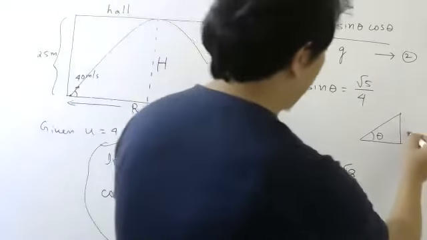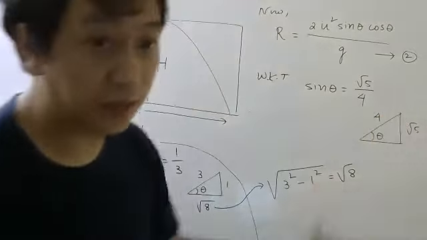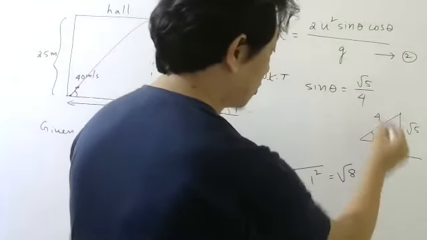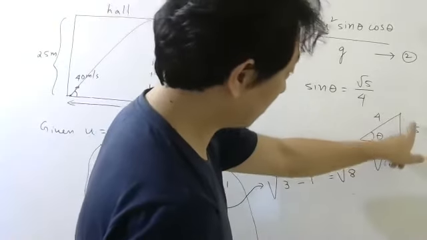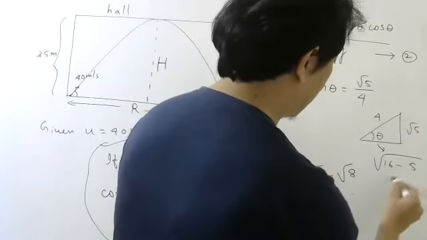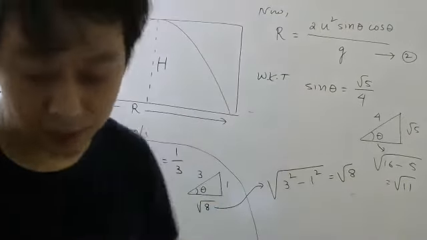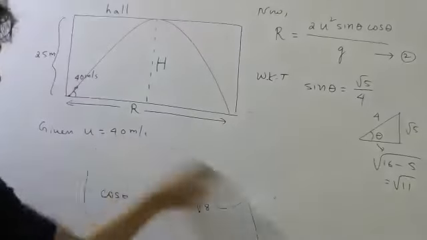Opposite should be root 5. Hypotenuse should be 4. Then adjacent will be how much? Root of 4 square, 16, minus root 5 square, that will be 5. So will be root 11. Understood this part? I hope so. Okay. Pythagoras theorem only you have to use.